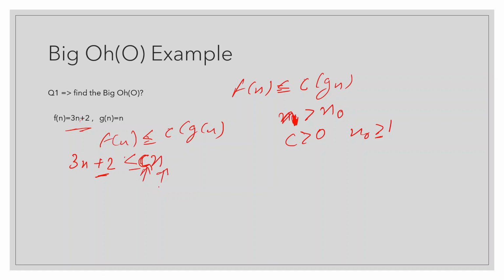What value do I put for c so that this constraint is satisfied?